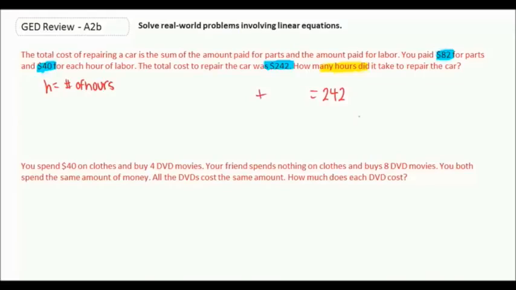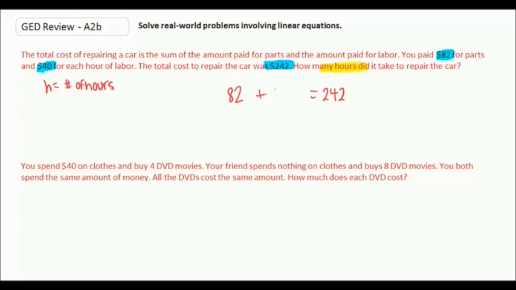Now in our equations, there's usually going to be a number multiplied by the variable. So you can look at the numbers you have and see which one does it make sense to multiply by our variable. Would it make sense to multiply the cost for parts times the number of hours? No. So that 82 can just stay by itself. Would it make sense to multiply the cost for each hour by the number of hours?